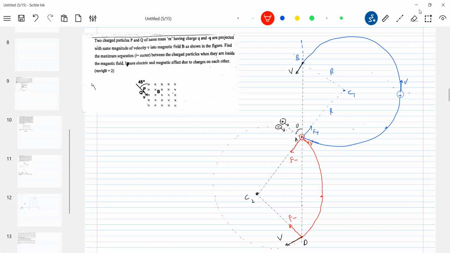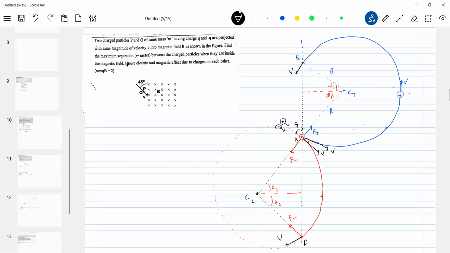You call this theta 1. Can you say anything about this theta and theta 1? We assume this theta, no? The force F bar should be perpendicular to velocity, no? So it should be directed perpendicular to the velocity.